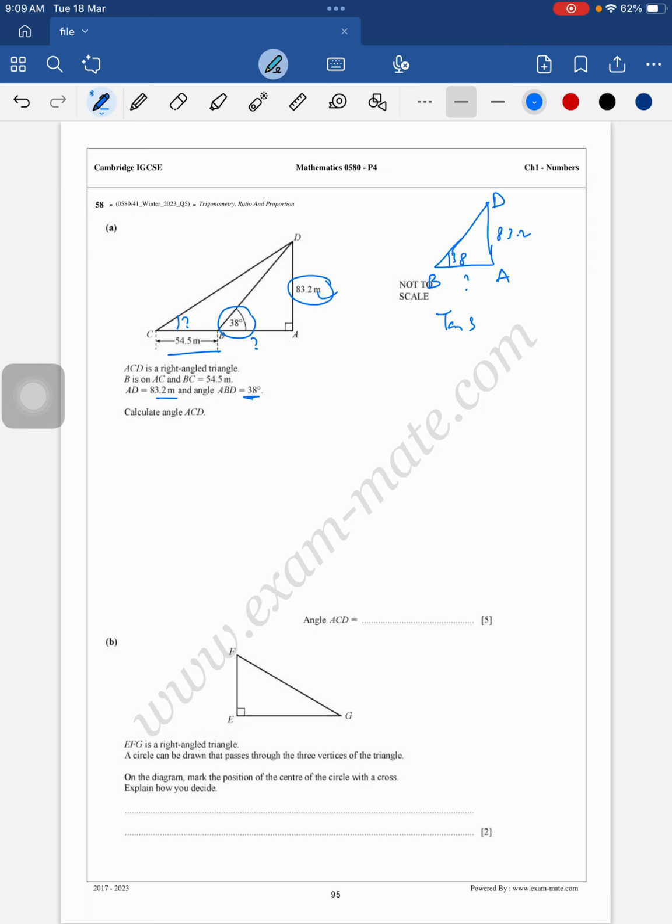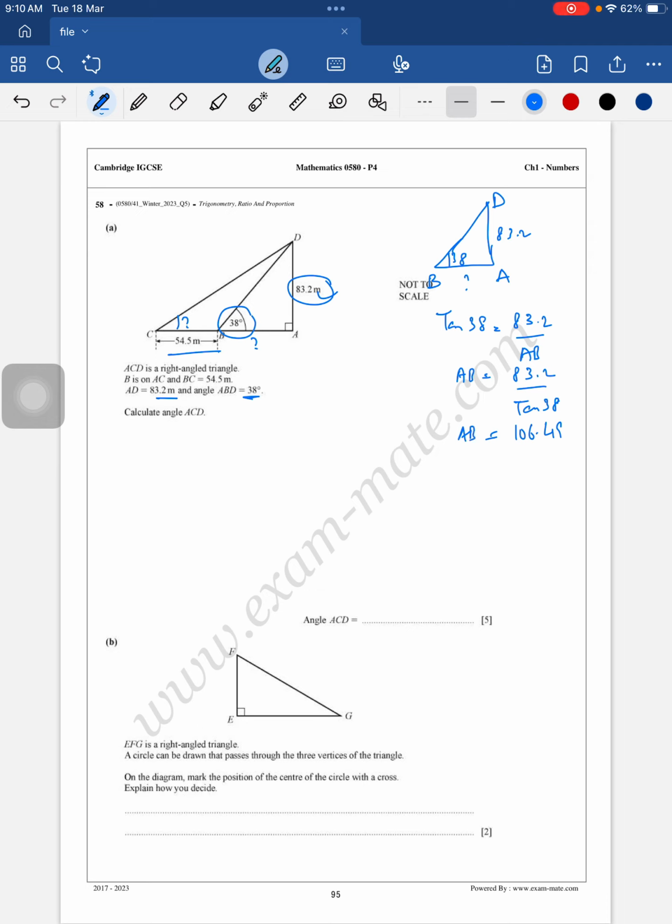Tangent 38 is equal to 83.2 upon AB. So AB is equal to 83.2 upon tangent 38, which is 106.49, right, the side AB.